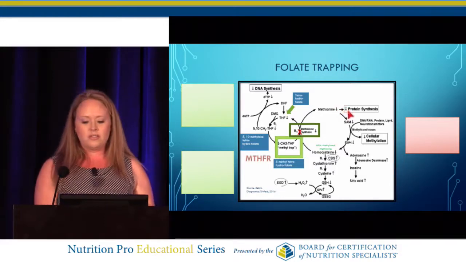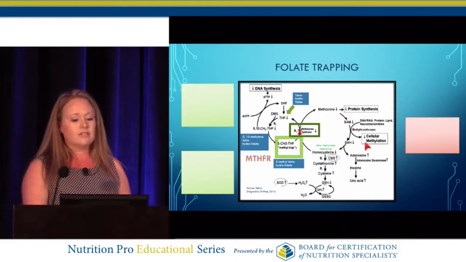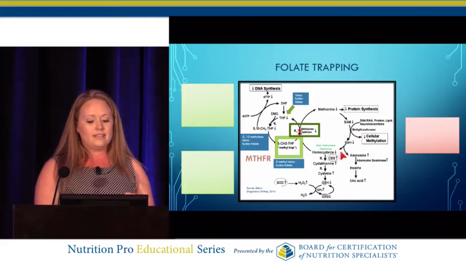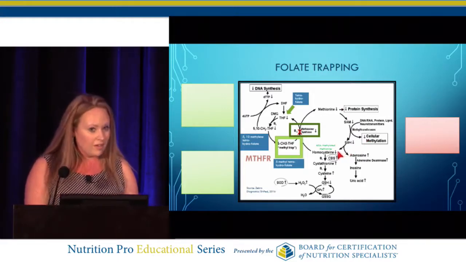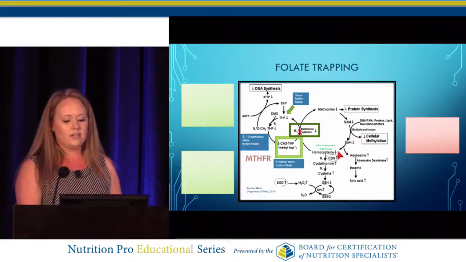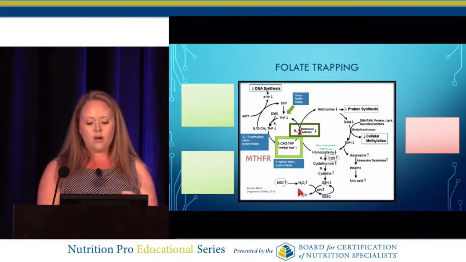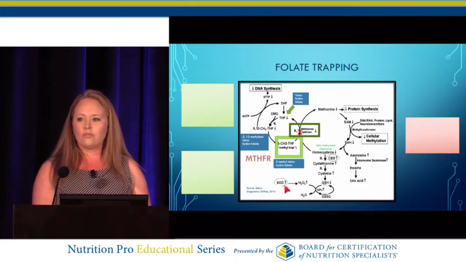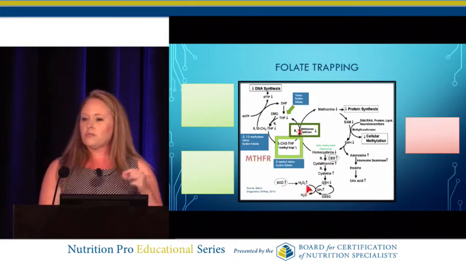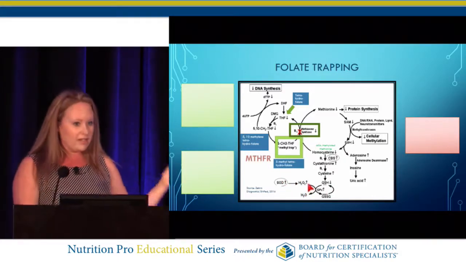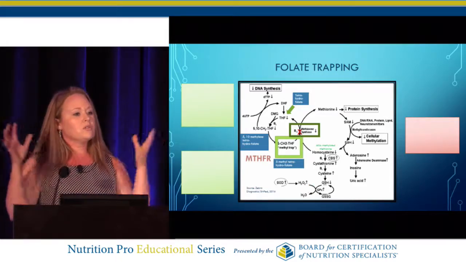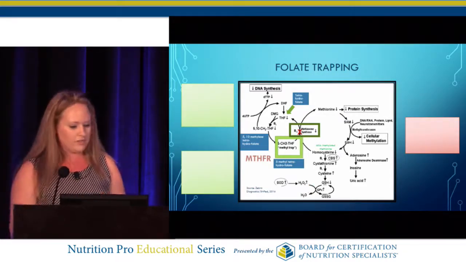We have a decrease in protein synthesis, a decrease in cellular methylation, a decrease in methylated methionine, a decrease in homocysteine. We also have a further decrease of glutathione and an upregulation of our free radical forming oxidants. So when you are not able to pass that methyl donor off, you have a whole downstream of complications.